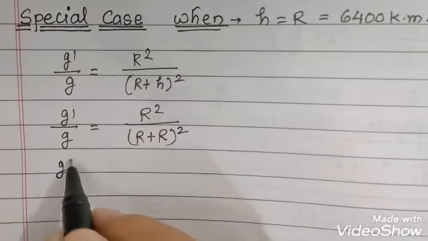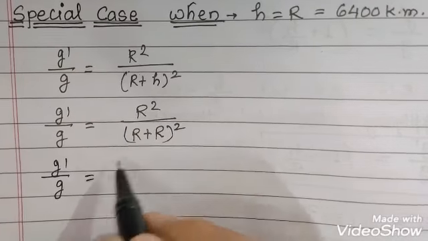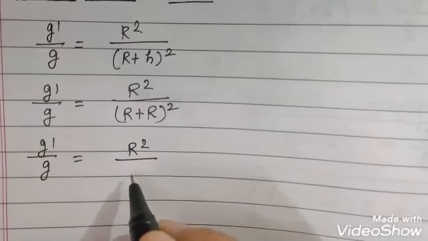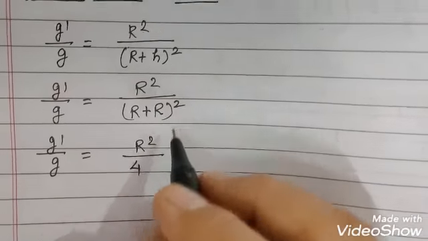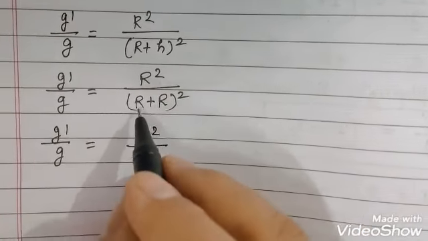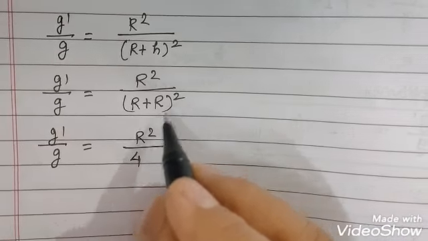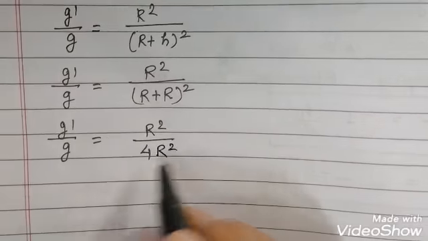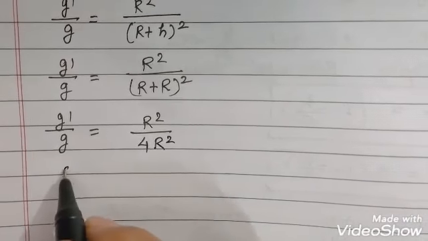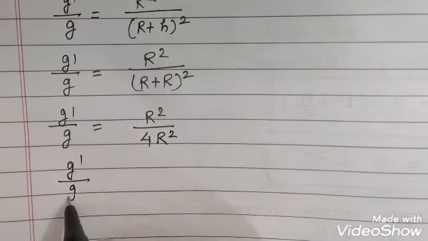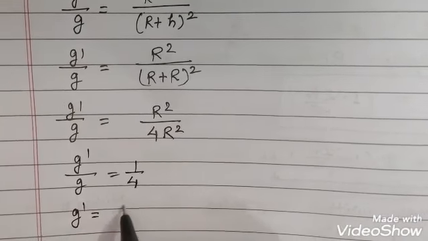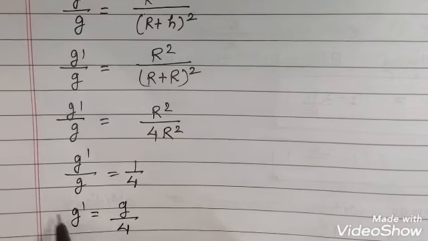So g dash upon g, this is r square upon 2r whole square, and if you take the square of 2r, it will come 4r square. r square would be cancelled. Then g dash upon g is equal to 1 upon 4, or you can say g dash is equal to g upon 4.